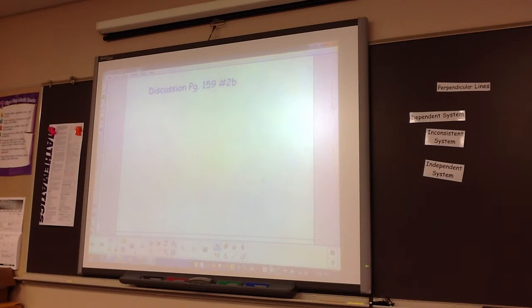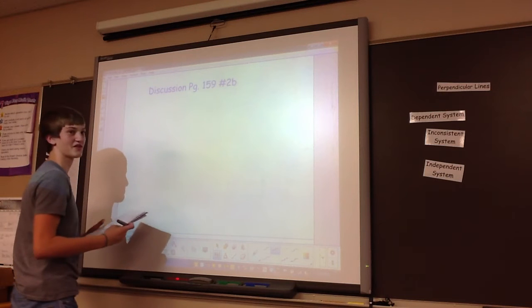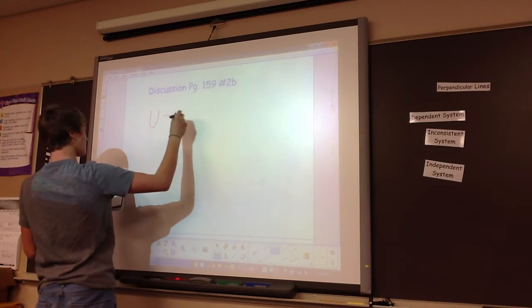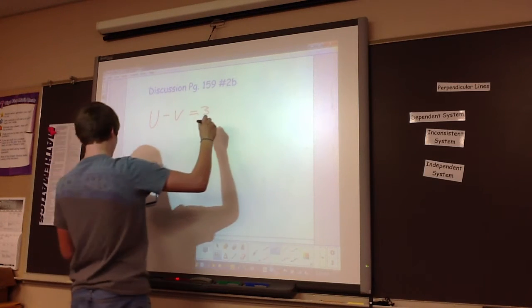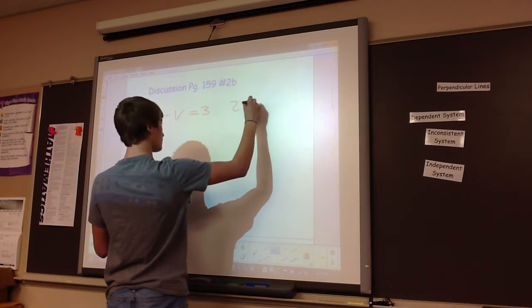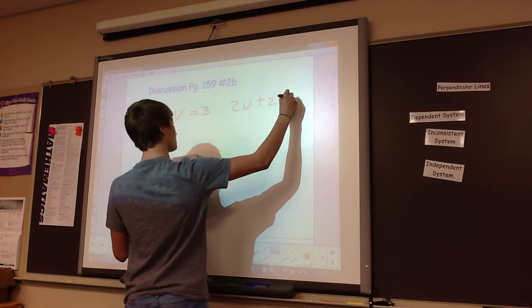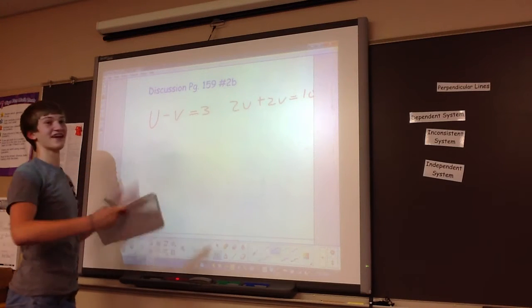2D. This is the one I think I was wrong on. I did that.